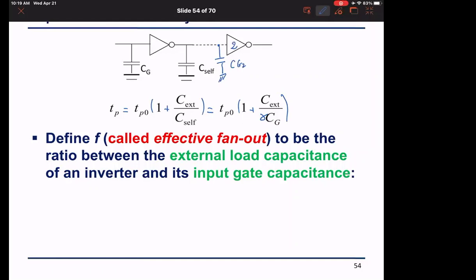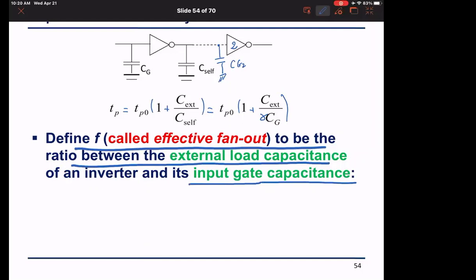It is CG for the second, or the fan out, or the load. So C external is CG2. If we define F to be the effective fan out, the ratio between the external load capacitance of the inverter and my input gate capacitance.